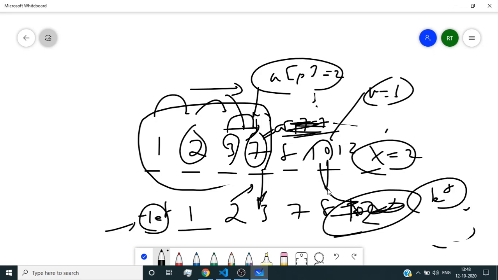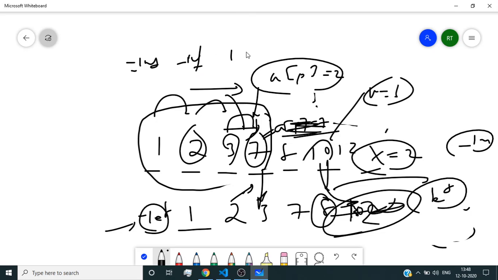Now again, I'm going to substitute this particular value with minus infinity. This process happens again, and what we get is minus infinity, minus infinity, 1, 2. So at our desired position we get the value that we want. We just need two moves. Why just two moves?